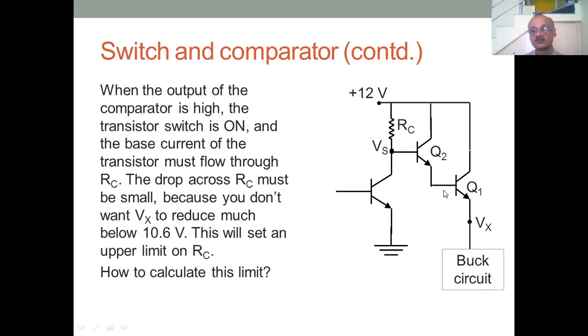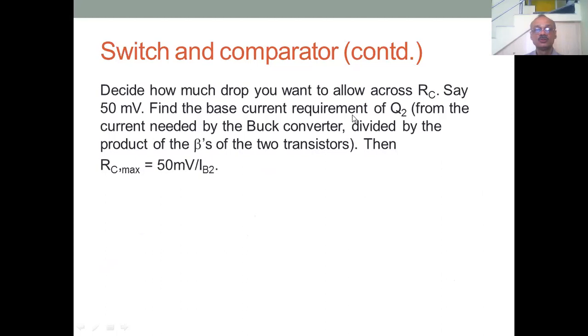So this is 0.7, this is 0.7, plus a drop across RC. You want to make sure that the drop across RC is not large, because you don't want Vx to go even below 10.6. So you say, I want the drop across RC to be small. It's up to you, but let us say I'll make it 50 millivolts, 0.05 volts, which is a small value.